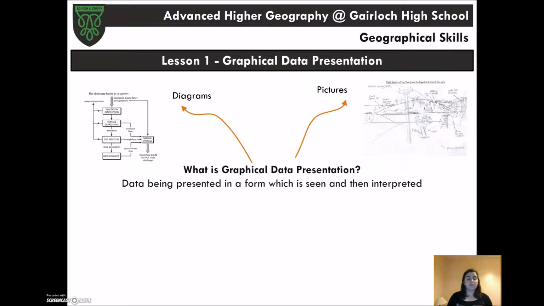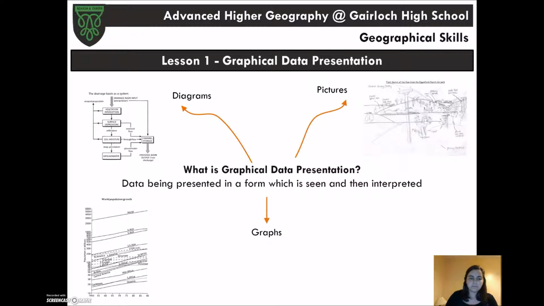Then diagrams, all sorts of types of diagrams, some quite simple, some just little sketches of ideas. We're going to look in particular at systems diagrams, which are quite a logical way of putting information, and all sorts of graphs. Some of these you'll have seen before and be familiar with, some of them will be new to you. We've got different kinds of line graphs using different kinds of scales.